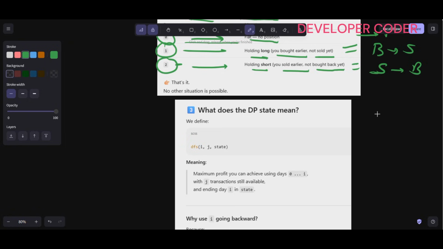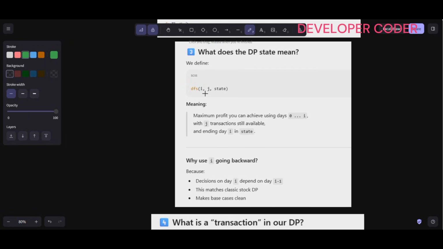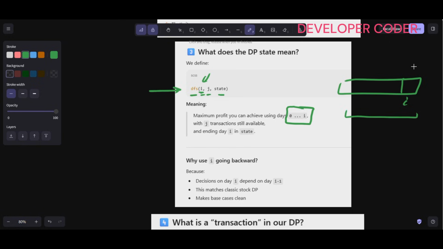So now how am I going to check the states? When I write this method in my code, dfs with I, j, and state, it simply means the maximum profit you can achieve using days from 0 to I. So if I am here, that simply means complete from 0 to I. J means the transactions still available, so we haven't completed these many transactions, and ending day I in the state, like maybe flat state, long state, short state.